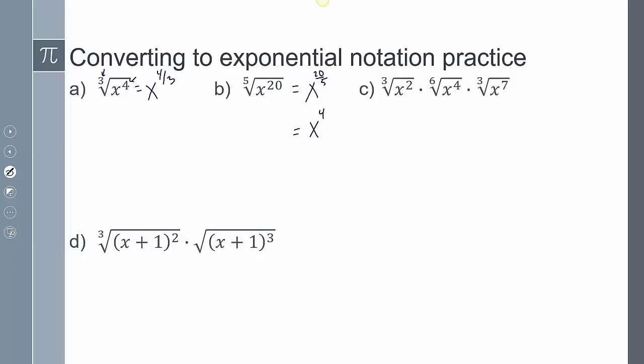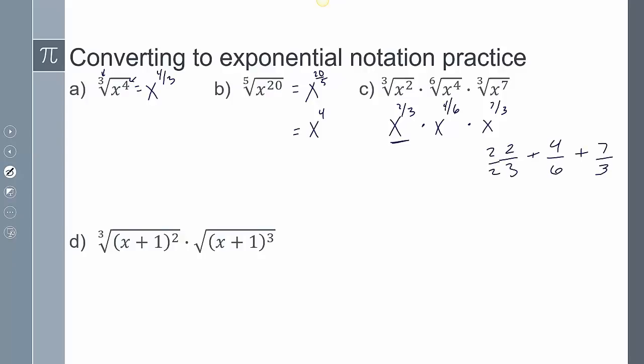Now this one here, we have a series of these, and so this would be x to the 2/3 times x to the 4/6 times x to the 7/3. Well, I can combine those together, so I need to find the common denominator. Remember, if their bases are the same, you add the powers. So 2/3 plus 4/6 plus 7/3.